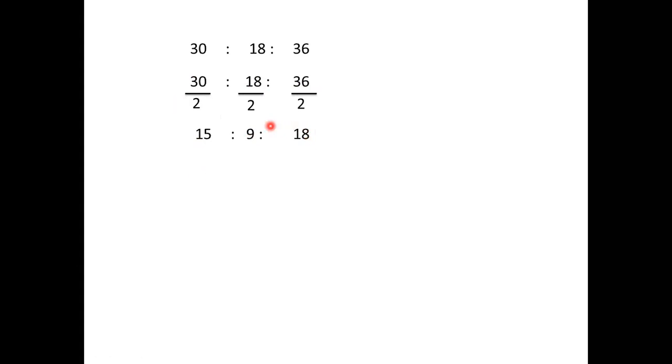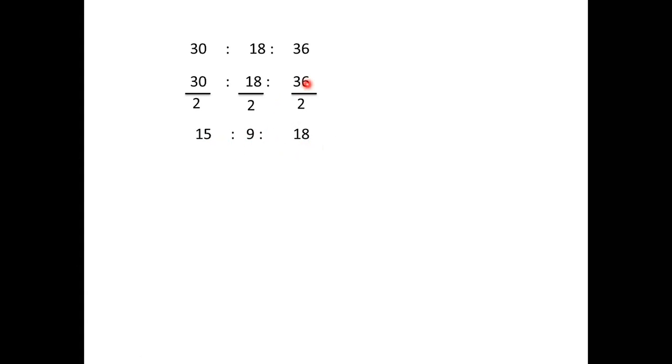When you look at this at a glance, you can see this can be divided some more, right? What is the common factor of 15, 9, and 18? 3. So this can be divided some more, because you can't stop at this stage.